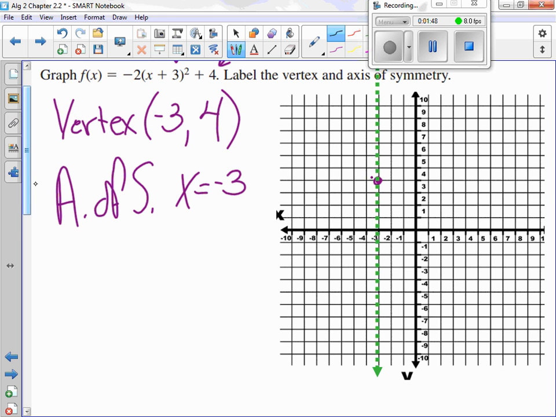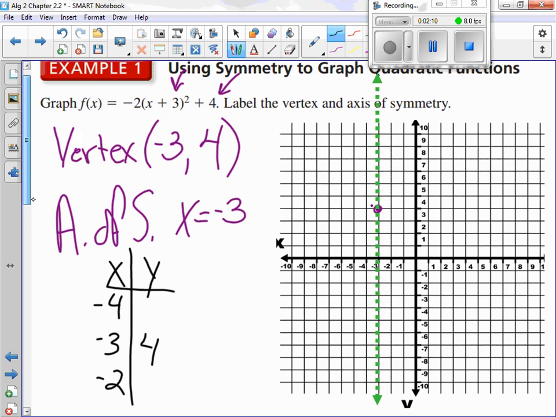Now, what we could do with this is make an x and y t-table to plot points. The reason we have the axis of symmetry is everything along that axis will mirror across that line. So negative 3 is 4. If I wanted to, I could do negative 4 and negative 2 and plug those values into this function.